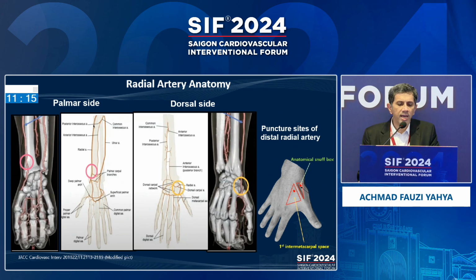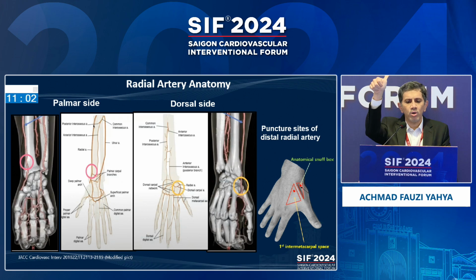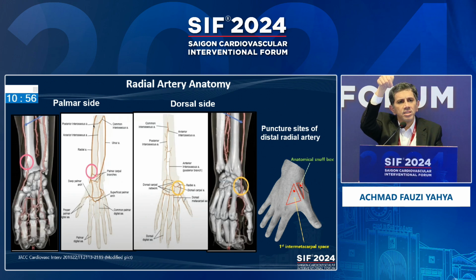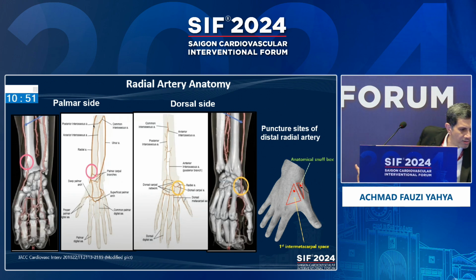The puncture site is the anatomical snuff box, in the intermetacarpal space. Please raise your hand and extend your thumb, and you feel the triangular depression. This is the space, and this is the snuff box.